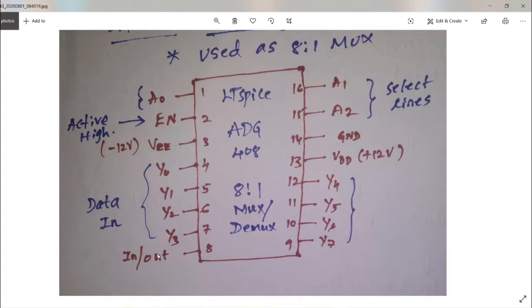The 8th pin here is used as output of the TDM wave or input of the multiplexed wave. VDD is here, that is pin number 13. 14th pin is ground. I hope you have understood the pin diagram of this 8:1 mux ADG408.